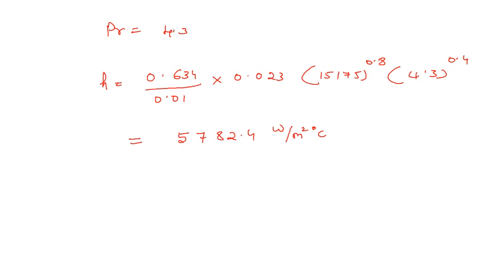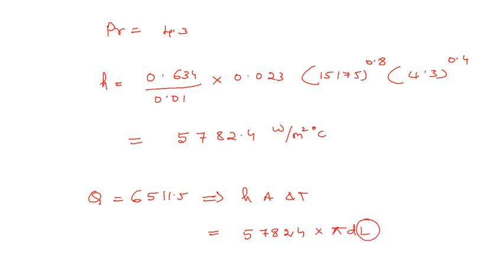So equating this value to our earlier equation, we have the Q value as 6511.5, equating that to our convective formula, that is H A into delta T. Here we have the H value as 5782.4. Area is the surface area, pi D L, where we are supposed to find out the length, into temperature difference.